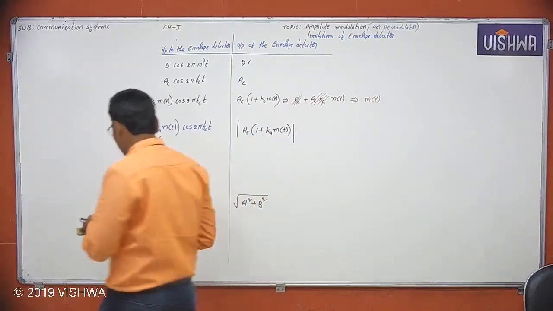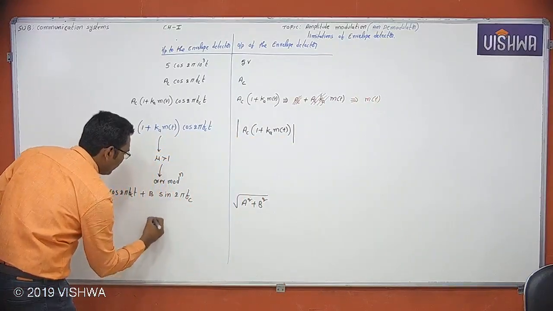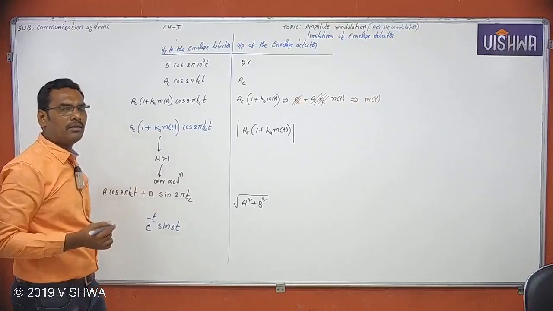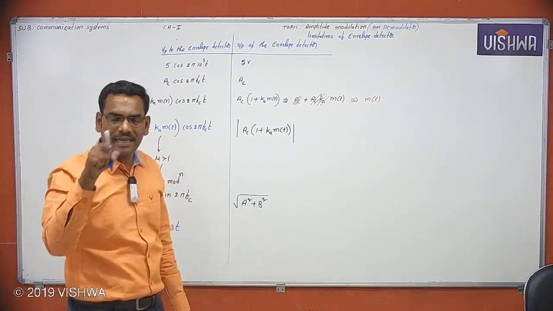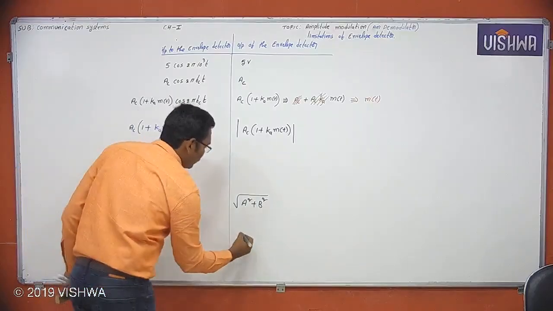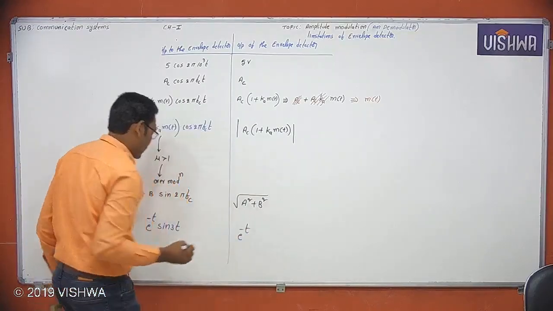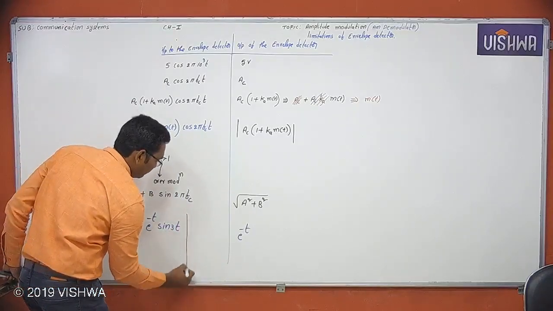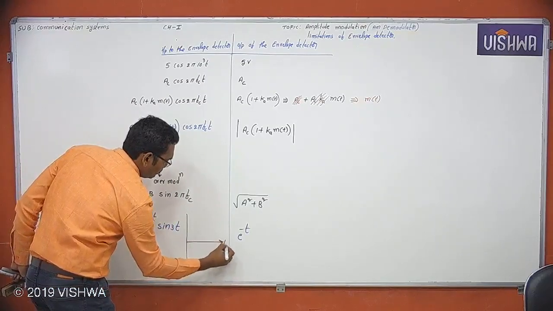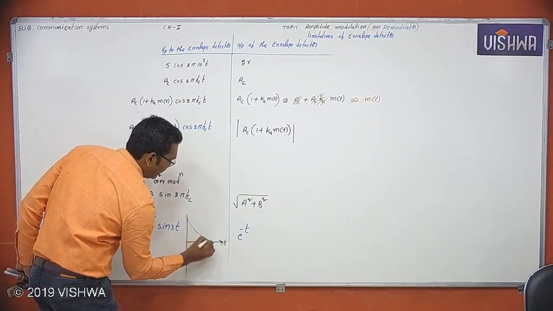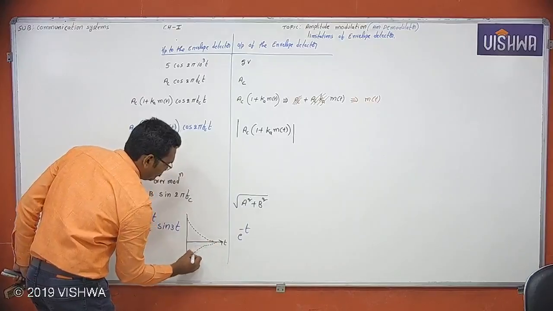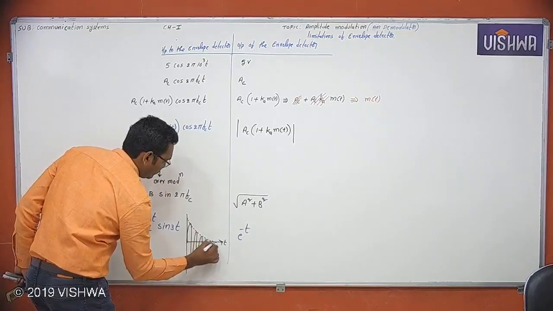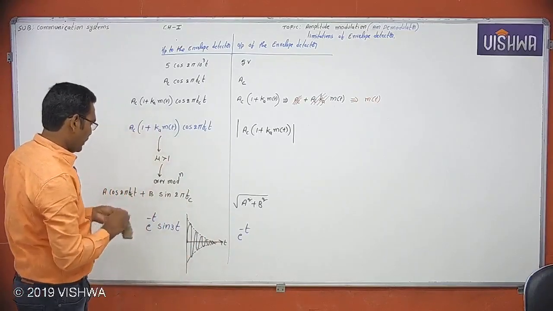And you tell me, if e power minus t into sin 3t is the input to the envelope detector, what is the output? It will just track the peak, track the envelope. Therefore the output is nothing but e power minus t. Why? Because this is exponentially decaying.